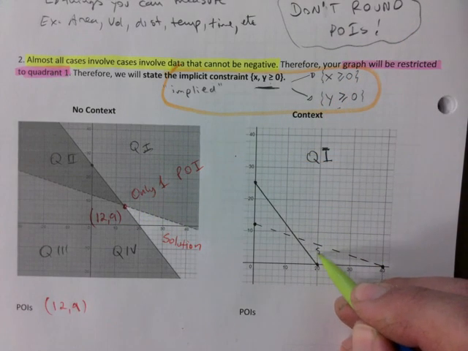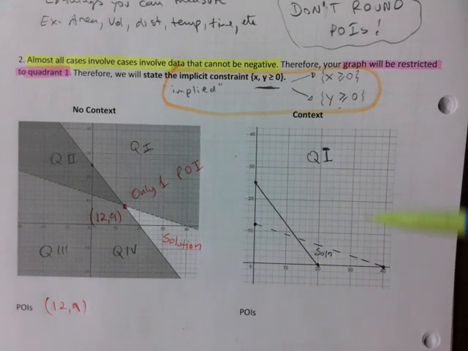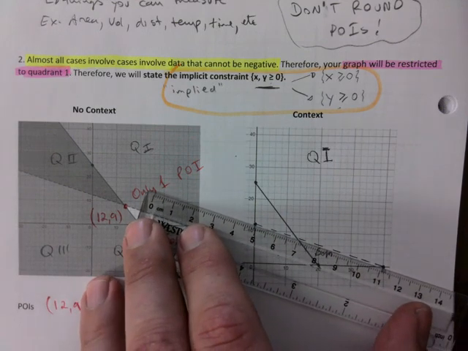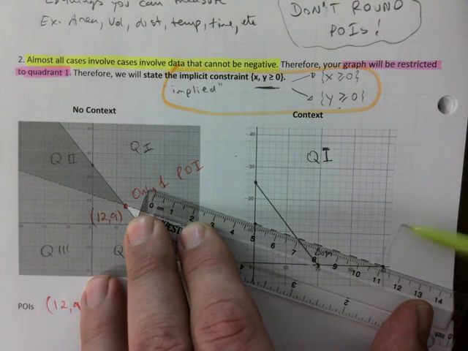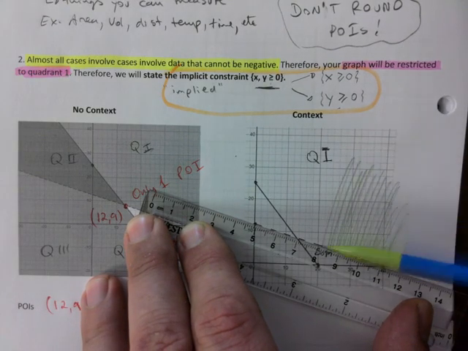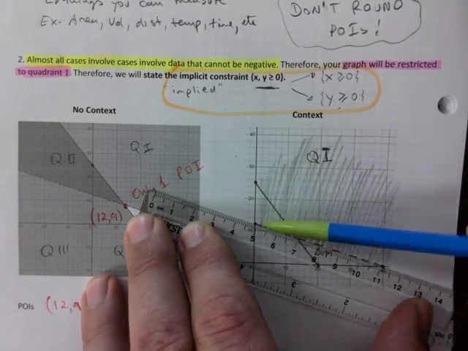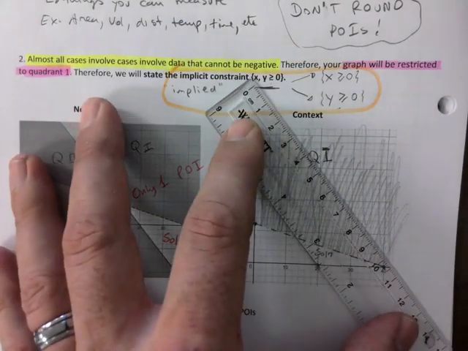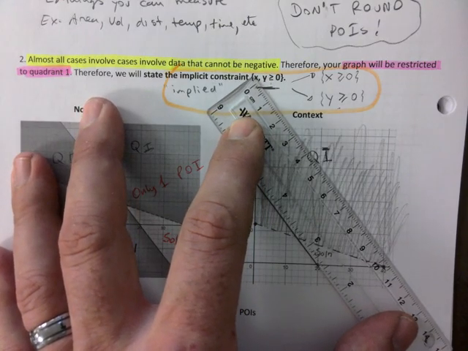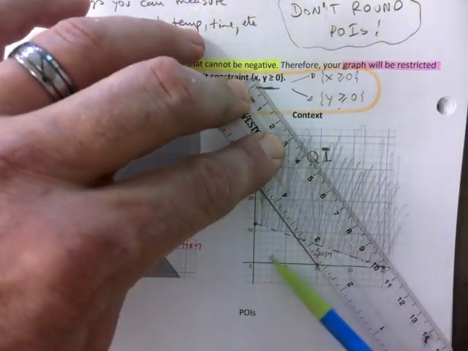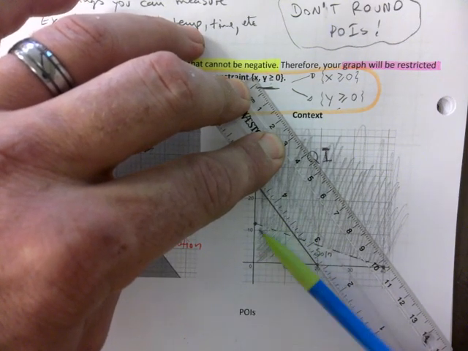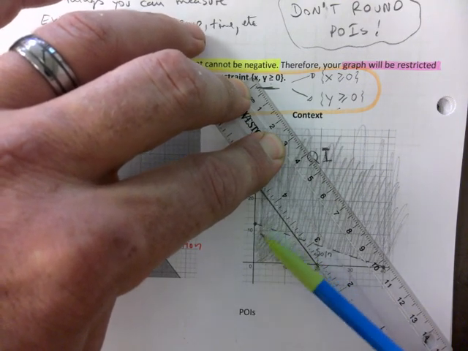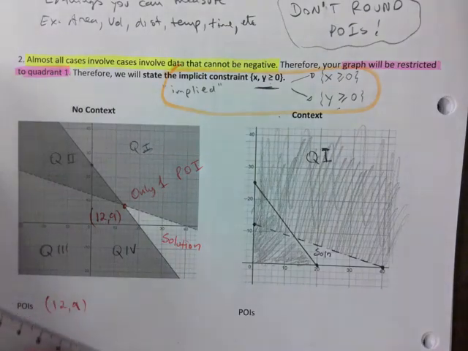So we're going to write solution in here, and we're going to shade everything outside of that, but we're going to stick to quadrant 1. We're using reverse shading, of course, because we're shading the false regions. And this line coming down on the solid line here, we're shading everything like that.